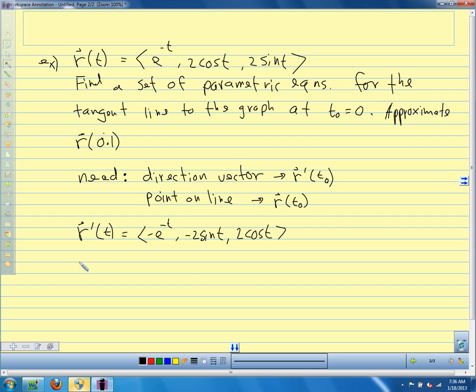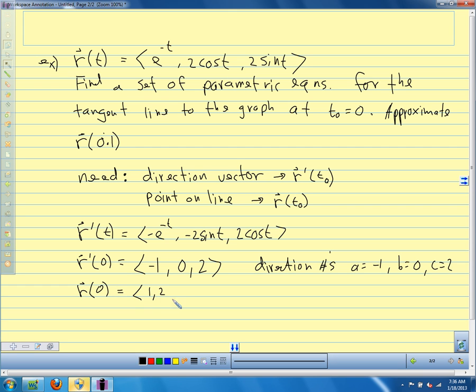So r prime of t0, r prime of 0, we get -1, 0, 2. So our direction numbers are a equals -1, b equals 0, and c equals 2. And our point on the line, r of 0, I get the point 1, 2, 0.